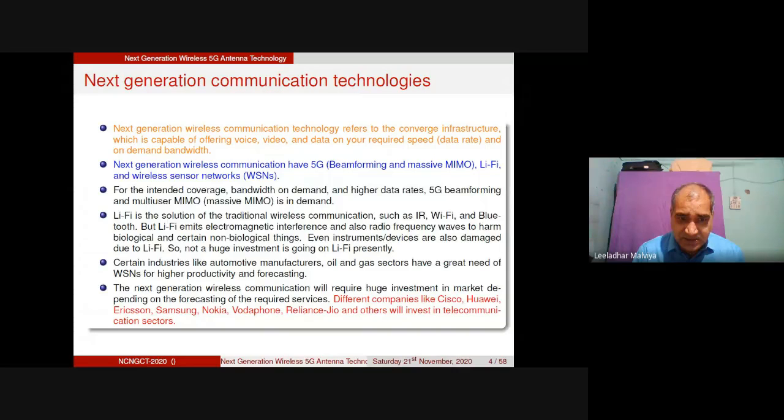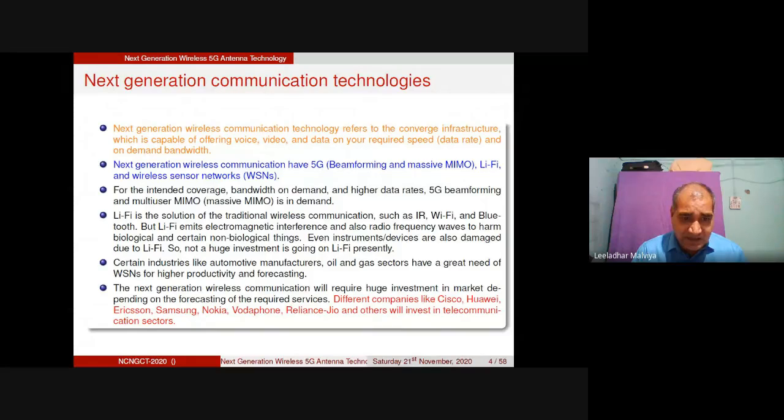But the question is whether these technologies have only advantages or also certain disadvantages. Some of them may have disadvantages. Li-Fi is able to solve the problems of traditional wireless communication, but the traditional systems use electromagnetic interference and radio frequency waves, which are harmful for biological and certain non-biological things, and can harm certain instruments.